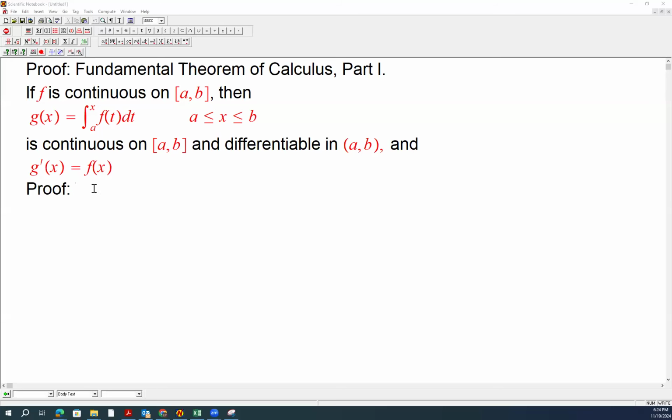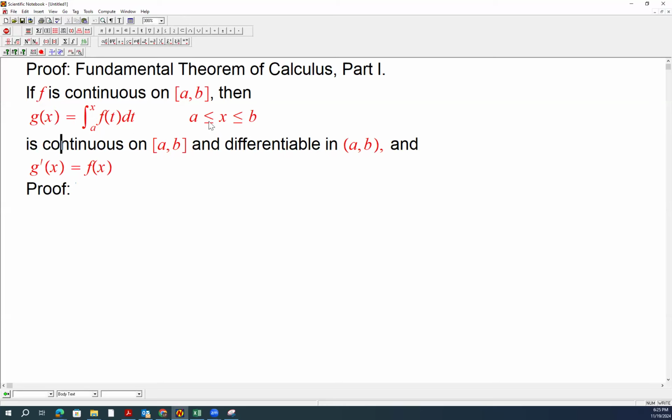Hello. In this lesson, we'd like to prove the Fundamental Theorem of Calculus, Part 1. Let's look at the statement. If f is continuous on a closed interval [a, b], then we construct g(x), which is the integral from a to x of f(t) dt, where f is a continuous function and x is between a and b.